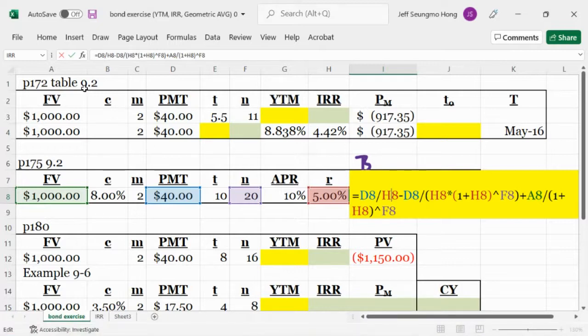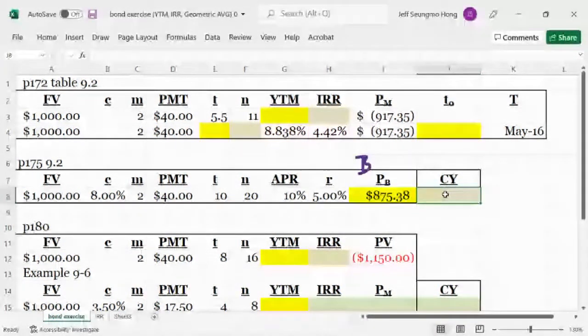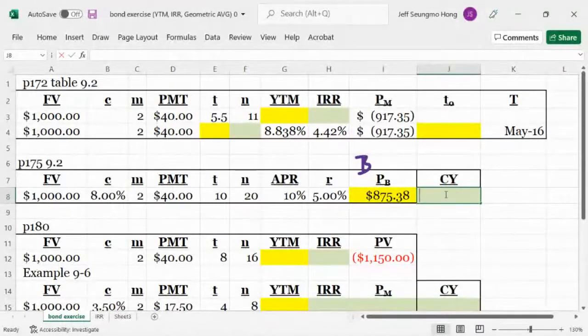So that's the reason I can write P_B like here, meaning the rational price is almost equal to the market price. And so here, current yield is not a difficult thing.